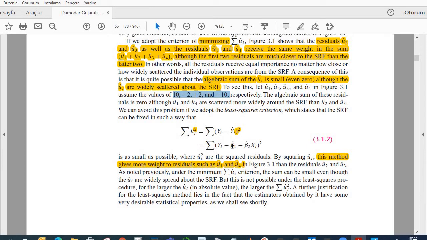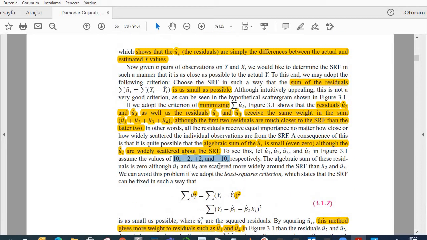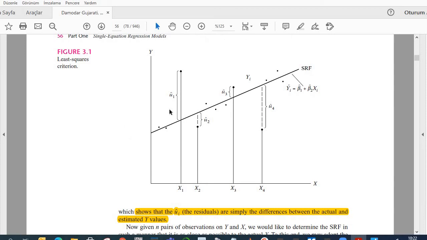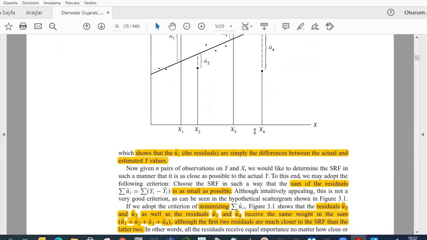So the first purpose is not to obtain a zero distance. The second one is that we are giving more weight to the big residual values. For example, we are giving more weight to u1 and u4 by using the square criterion.